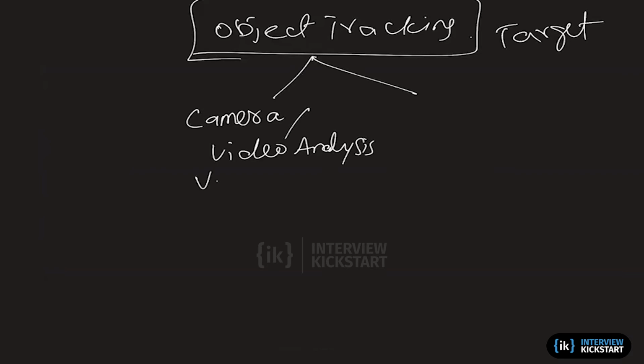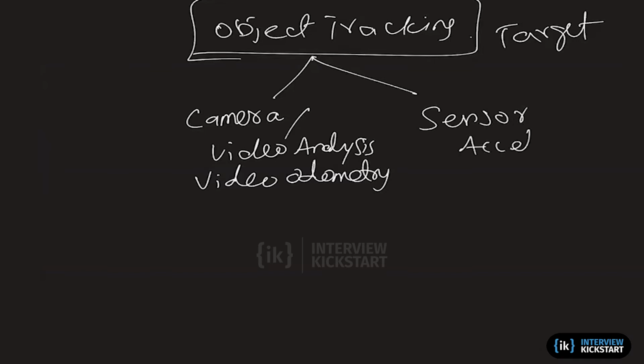In fact, there is a term for this in the context of AI. It's called visual odometry. So you look at the displacement of objects and then decide how much it has moved and therefore what context has changed. The other is sensor based. So this could be your accelerometers and gyros, orientation, and so on.